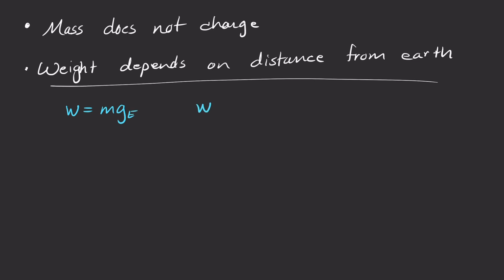But maybe you're on some other planet, then your weight on that other planet would be your mass, which doesn't change, times your gravitational acceleration on that planet. So we may call it planet X, whatever it may be. Okay? Your weight is also equal to the force of gravity in general. So this is the force of gravity from Newton's law of gravitation.